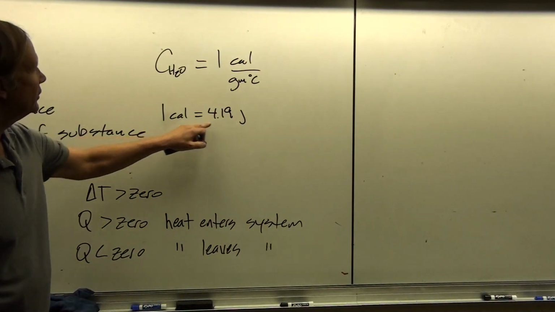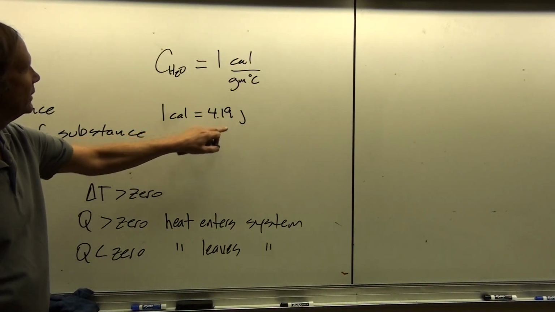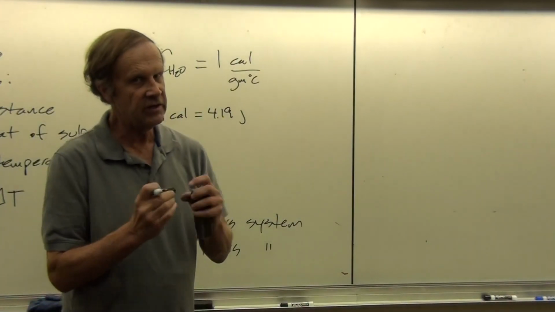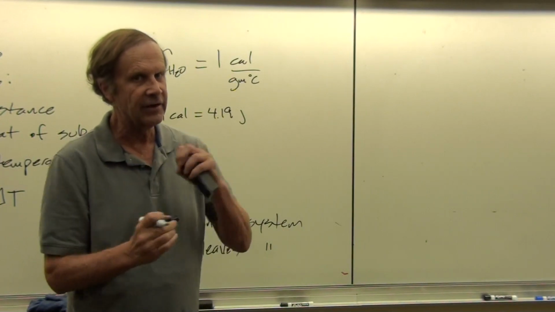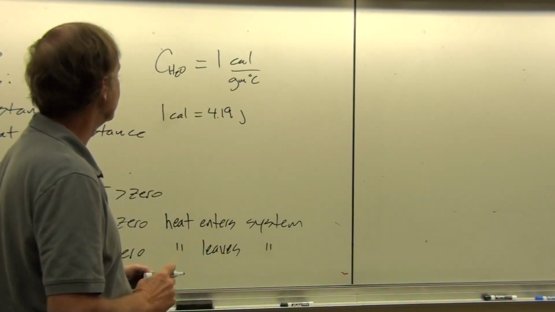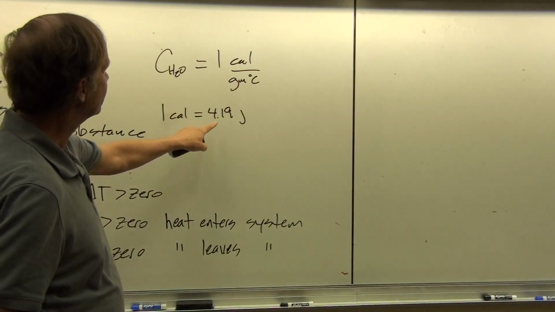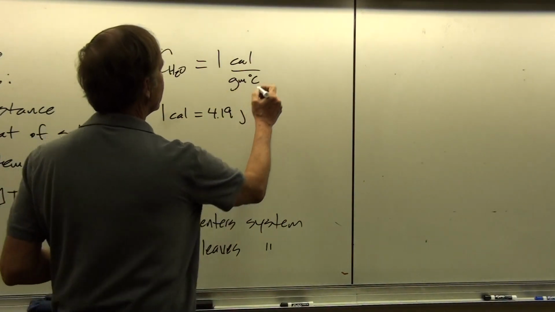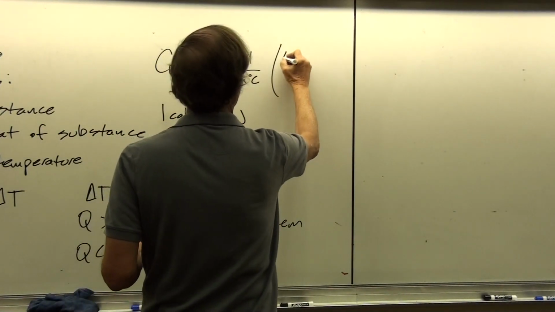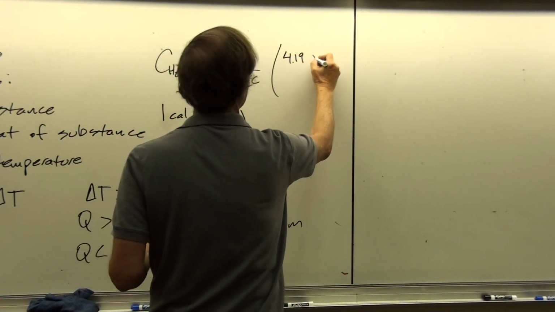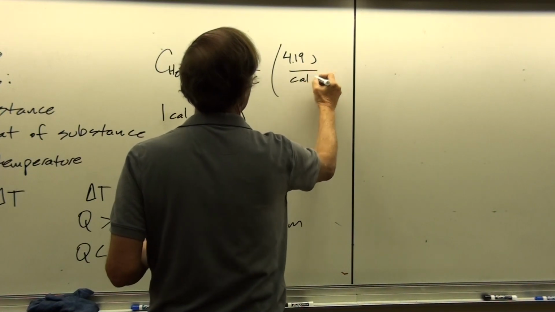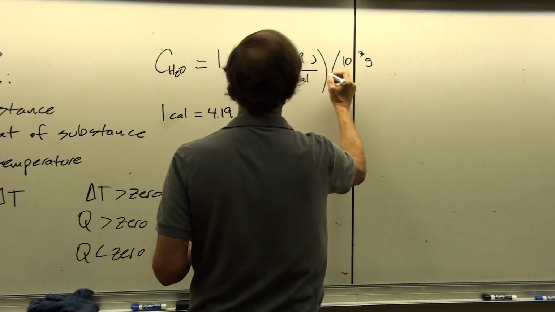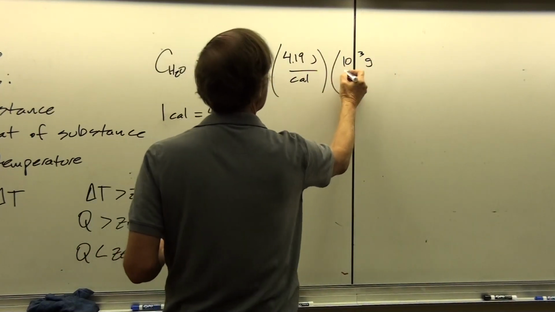Okay, and so joules is a more preferred unit of measurement for energy. In this case, it's the energy that's associated with making the molecules move faster or slower. Okay, and so I'd want to convert calories to joules and grams to kilograms. So if I do that, I've got 4.19 joules per calorie, and then I've got 10 to the 3 grams per kilogram.